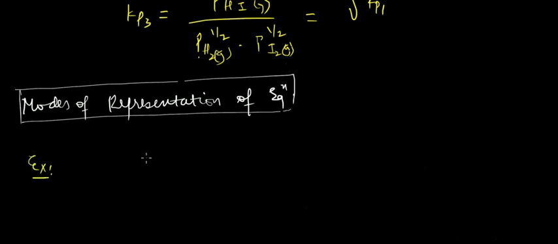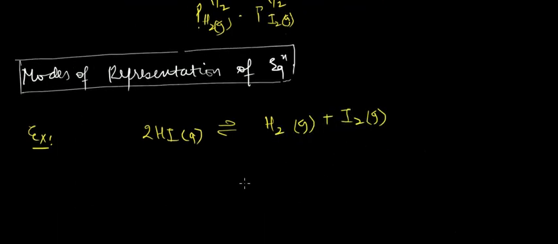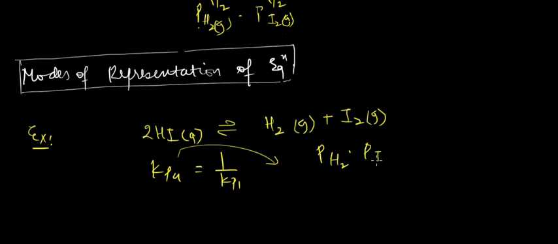Next example, let's see 2 moles of HI(g) converting into H2(g) plus I2(g). We just reverse the above reaction. So Kp4 in this case would be 1 upon Kp1. Why? Because Kp4 can be written as partial pressure of H2 multiplied by partial pressure of I2 divided by partial pressure of HI squared. So this is nothing but 1 upon Kp1, or the reverse of Kp1.